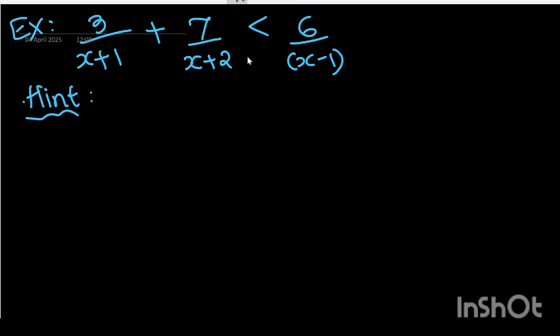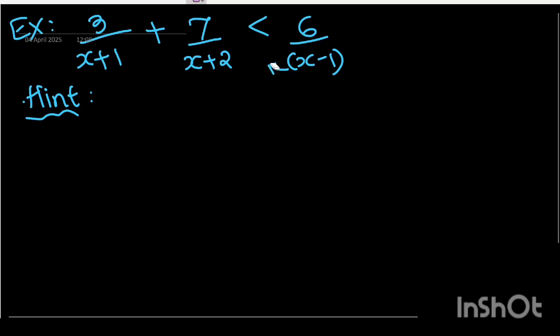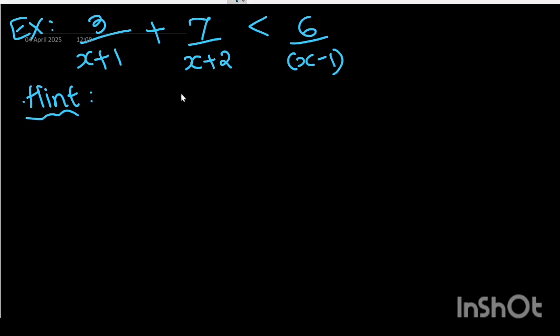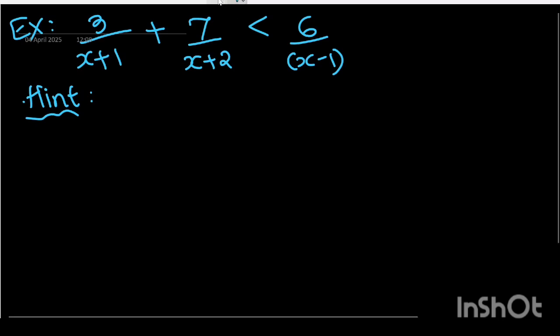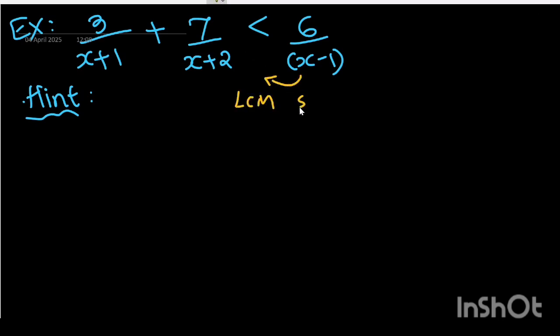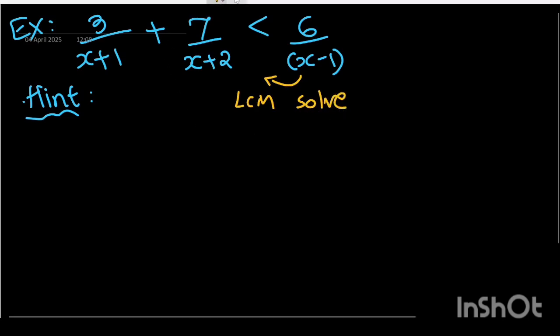And similarly we discussed that we cannot cross multiply this variable, because we need to assume then that x minus 1 has to be positive or negative, then we can change the sign. So the best thing, as I suggested in the previous examples, the hint is to take this on the left hand side and take LCM and solve. That's the hint. So now let's discuss the solution, guys.